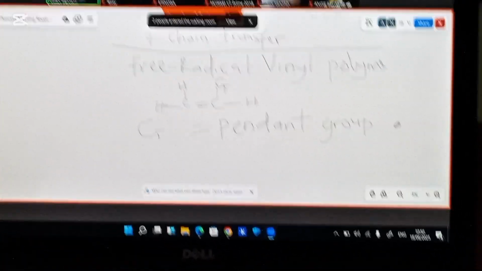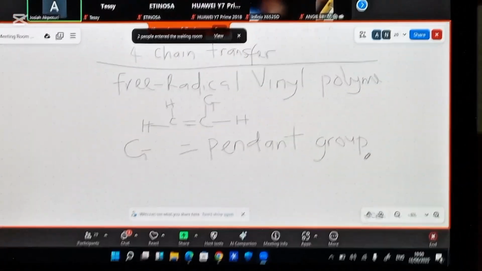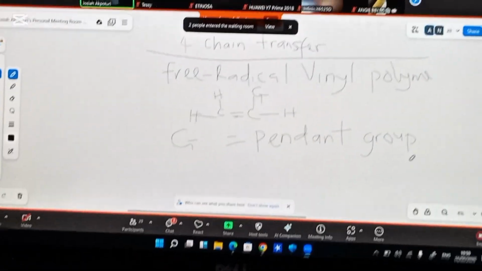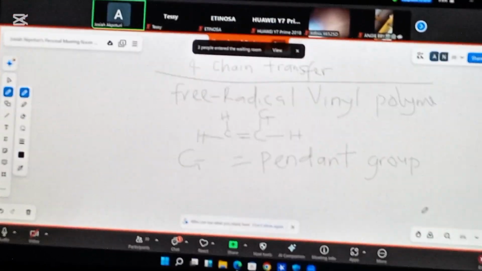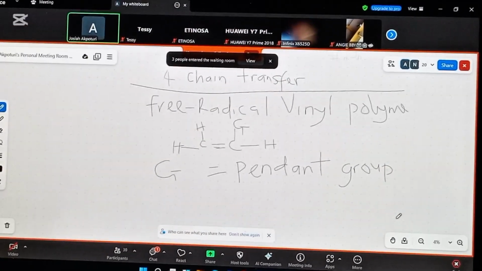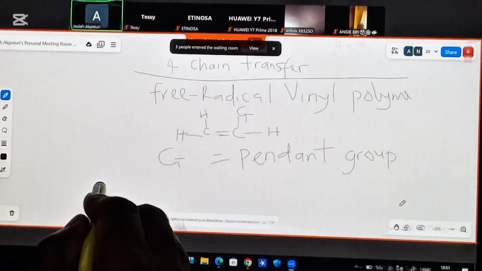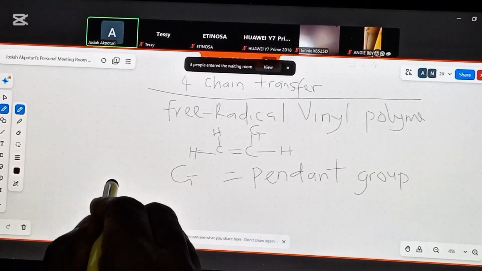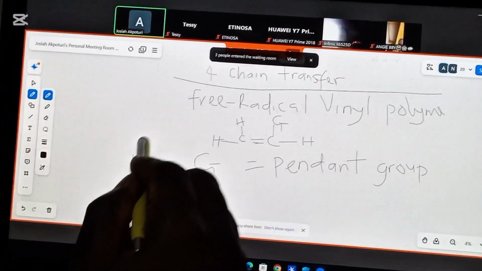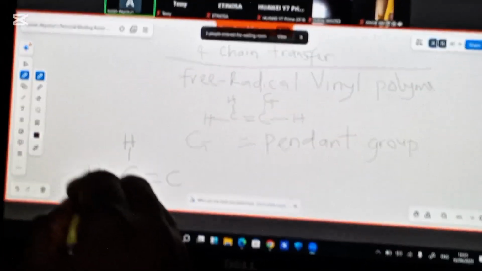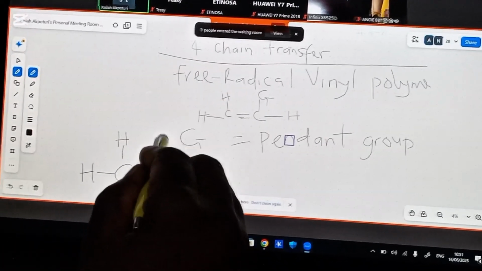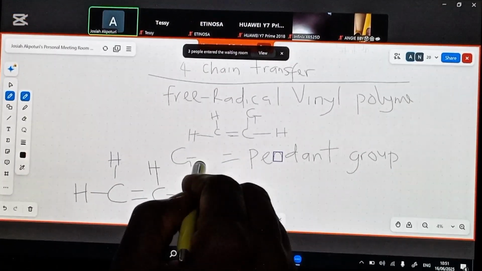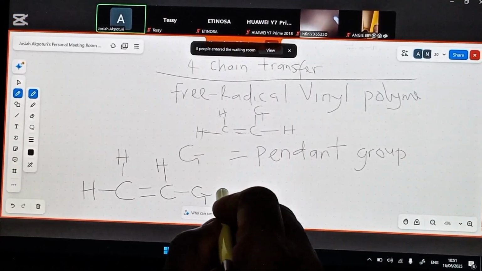Now, what is the polymerization? If you are asked what is vinyl polymerization, this is what you do. You will draw out the structure: C double bonded to C, H, G. G is the pendant group.